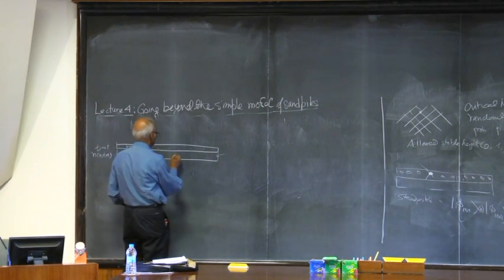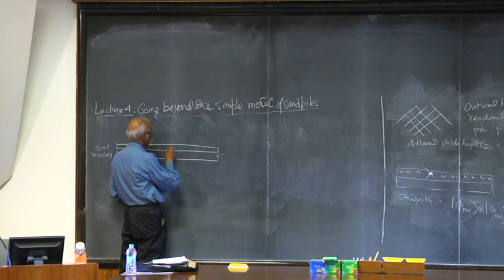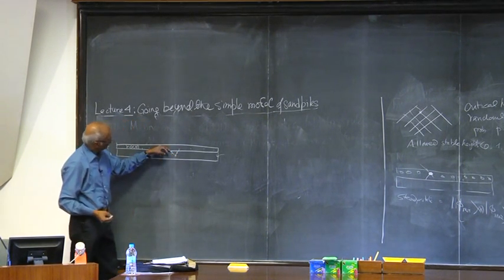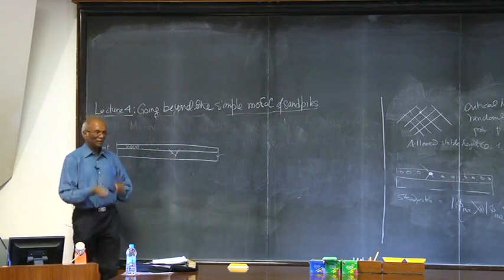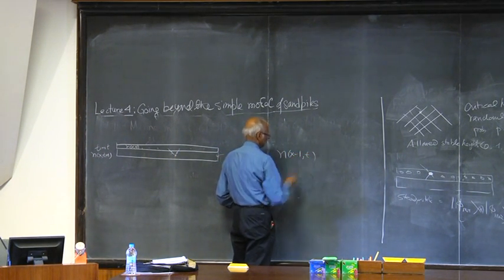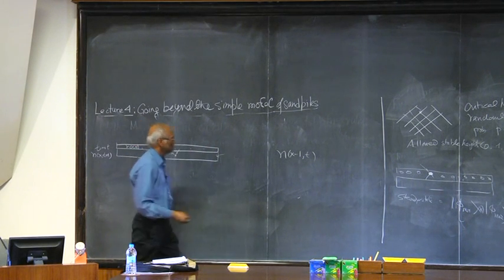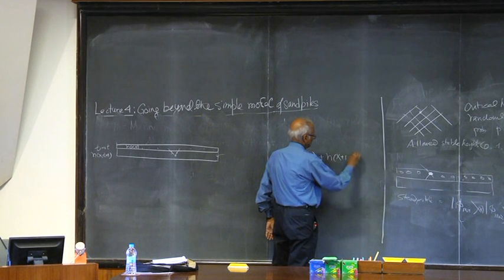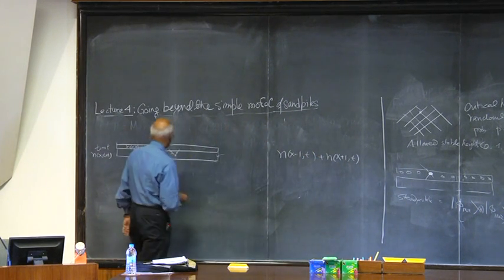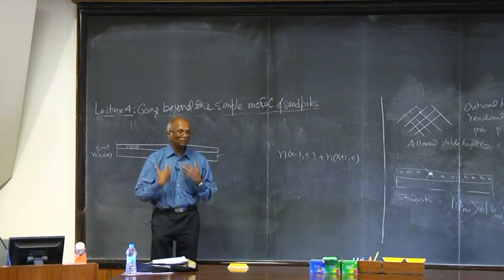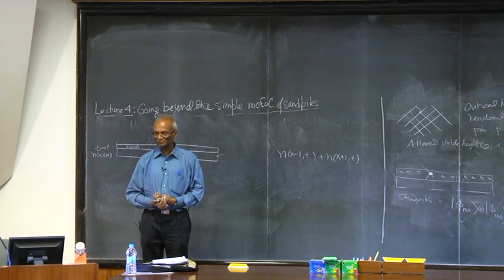So, what do I do? I go to a particular site, it has some grains coming from left, some grains coming from right. The grains coming from left are n(x-1,t), the grains coming from right are n(x+1,t). Then there are some grains here originally, but that is an independent random variable.